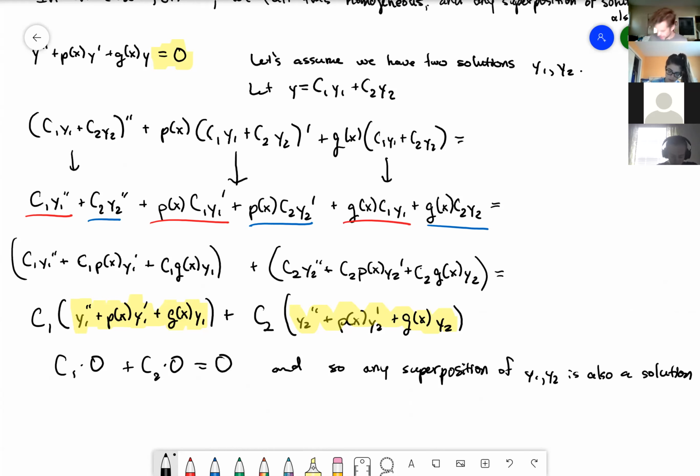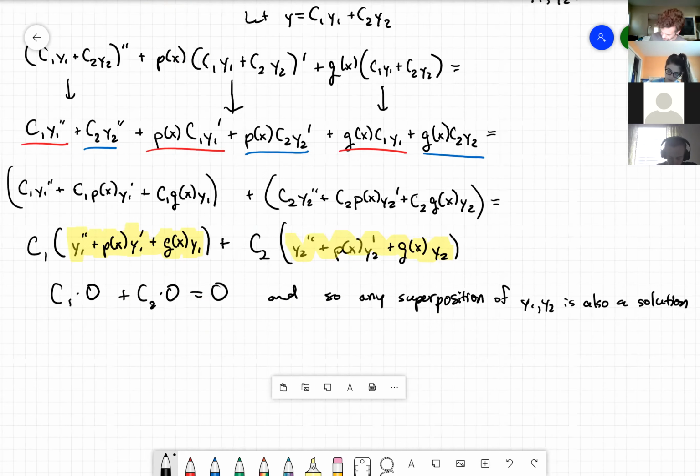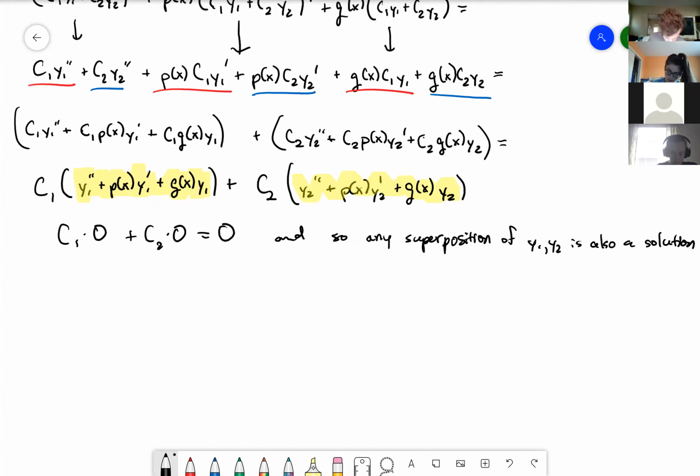Now this was for linear homogeneous ODEs. Any superposition of the solutions was also a solution. Now, this involved a lot of writing, and we were basically using the same fact twice. We used this ability to sort of distribute the derivative, right?